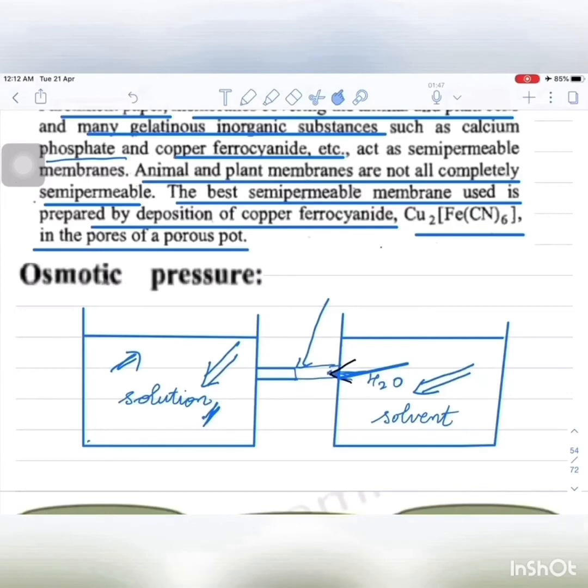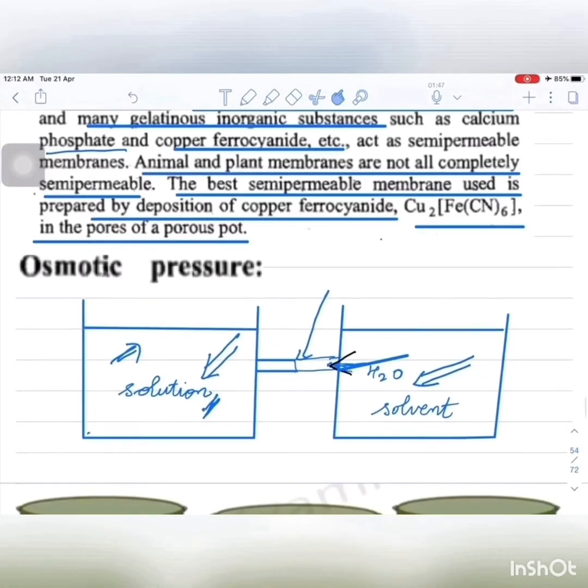The reason for flow of water molecules from solvent side to solution side is that pure solvent has higher vapor pressure and solution has low vapor pressure. So some additional magnitude of pressure is with pure solvent in comparison to solution.